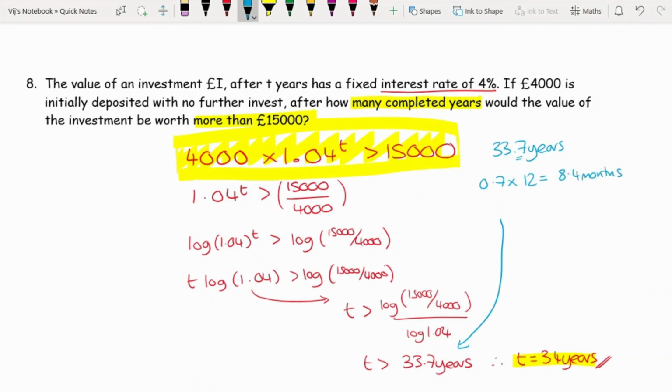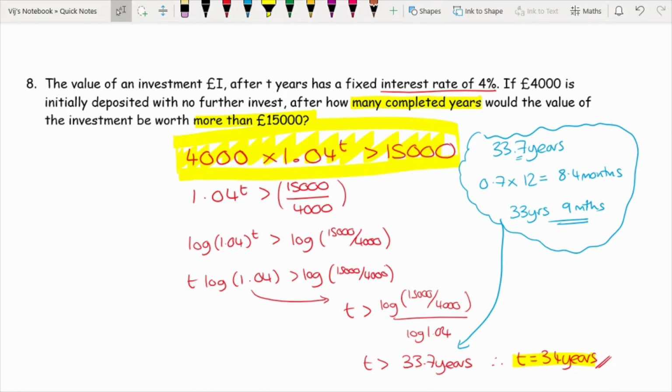So if I was asked to write this to the nearest month, it would be 33 years and 8 months. But this question just asks for completed years, so an answer of 34 would be the correct answer.